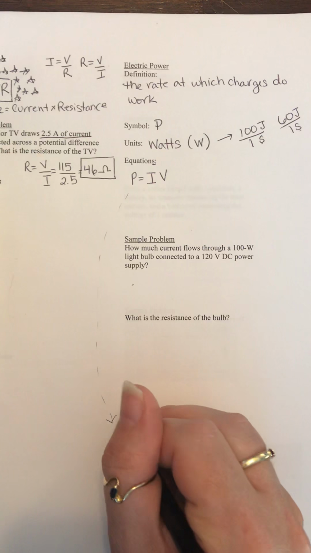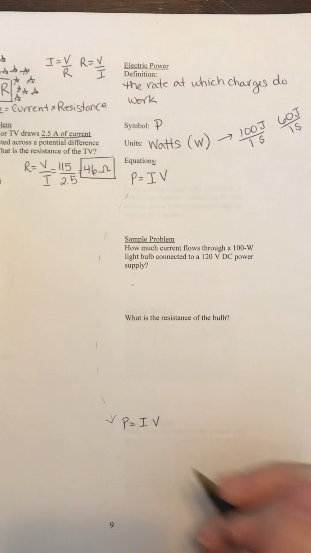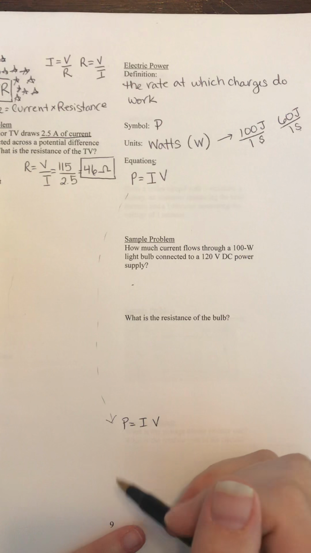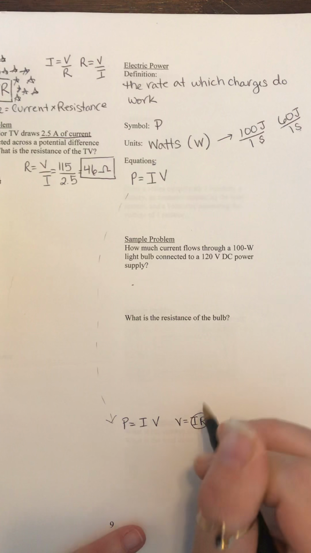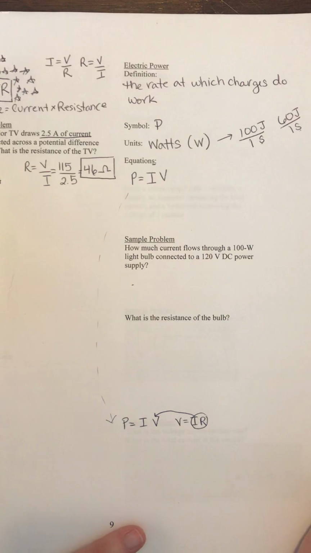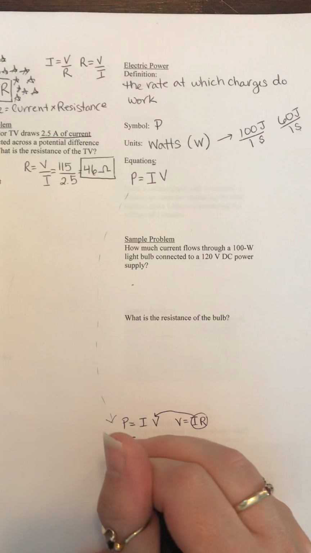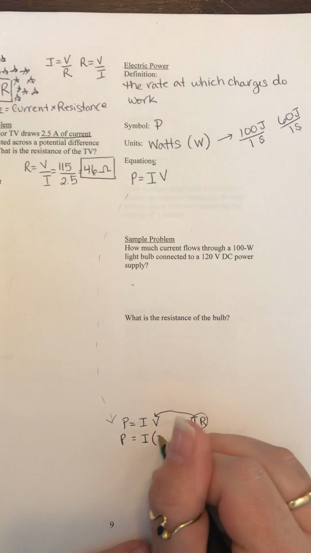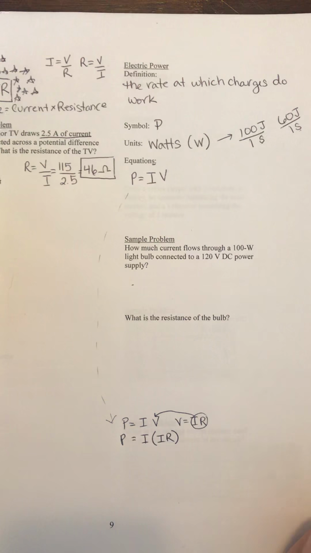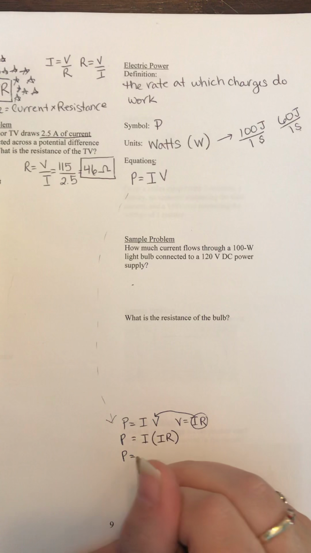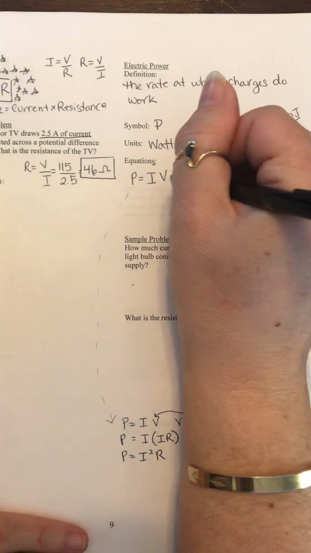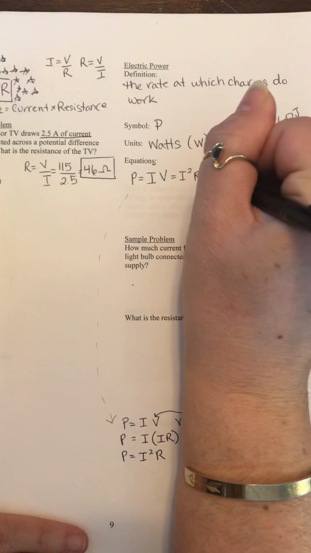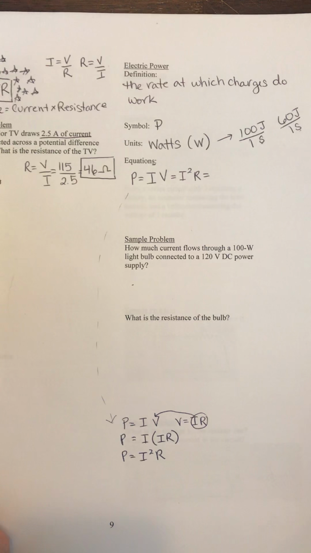Well, if power is equal to current times voltage, and we know that voltage equals current times resistance, we should be able to plug that in there and get that power is equal to I times IR, or we could also say that power is equal to I squared R. Now, why would you use this? Well, it depends on what variables you have, which power equation you want to use.